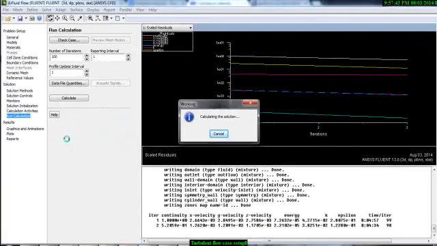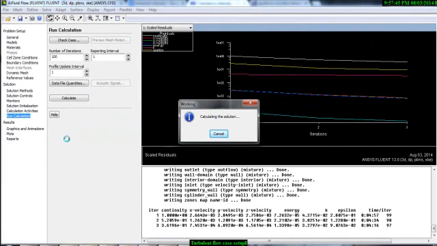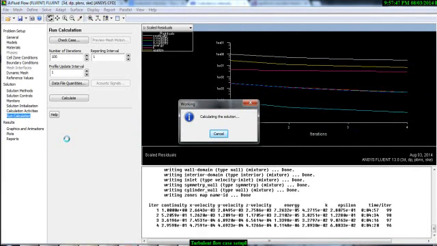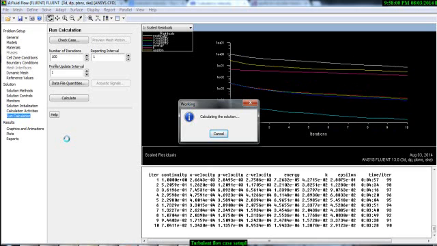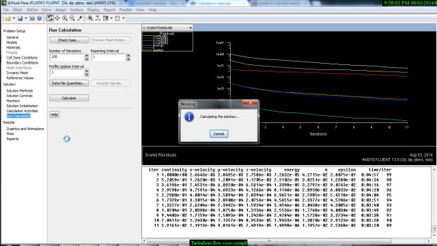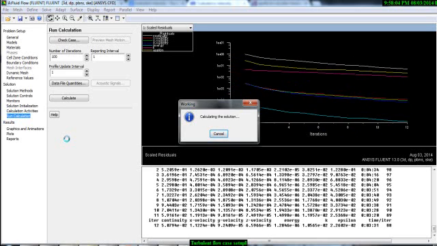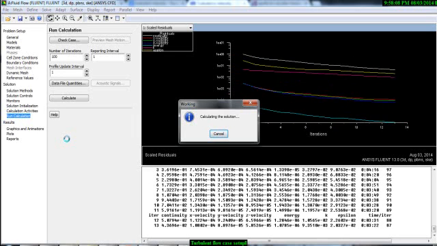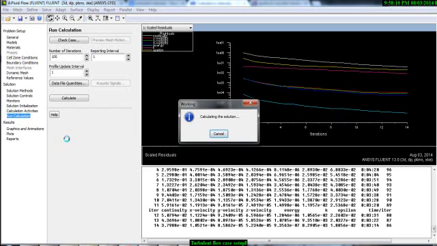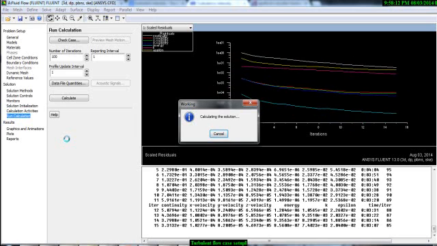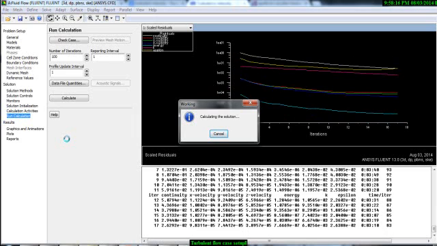Now your solver will start calculating all of this. As you can see, it is taking more time than laminar flow, which makes sense because turbulent flow has some extra equations, so it takes time to solve those equations.